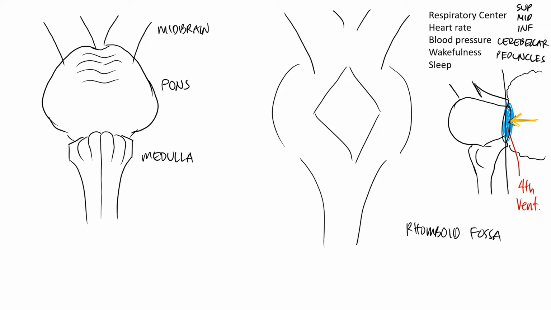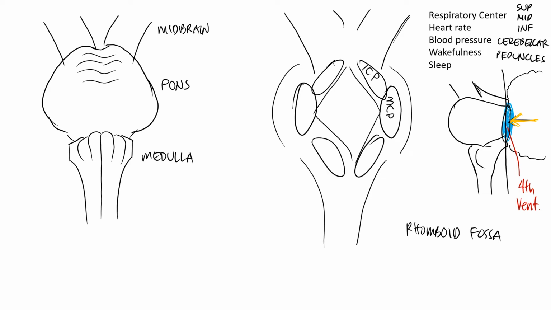So basically, with your midbrain, you have your superior cerebellar peduncle. Your pons has your middle cerebellar peduncle there. And then your medulla has your inferior cerebellar peduncle.